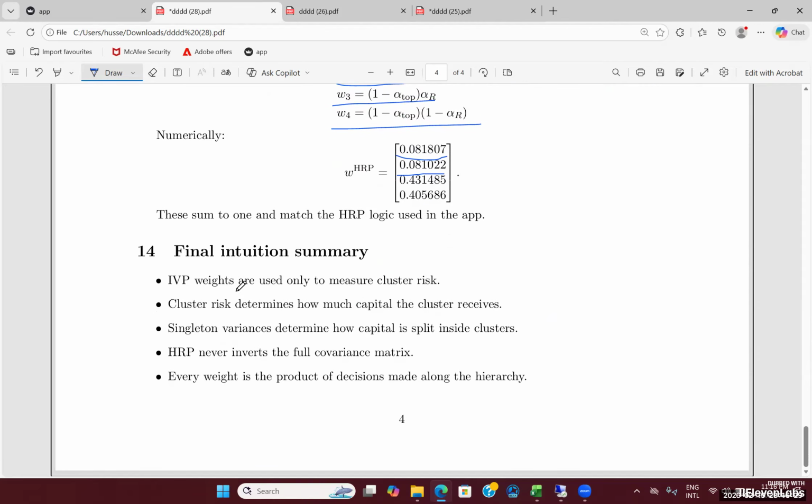So, to summarize this point, the IVP weights are exclusively utilized to quantify cluster risk. This cluster risk then dictates the precise amount of capital that each individual cluster is allocated. However, the singleton variances, representing the variability of individual assets within each cluster, are what determine how capital is distributed internally among those clusters. Notice here that we never inverted the full covariance matrix.